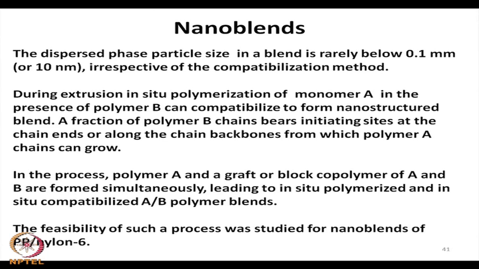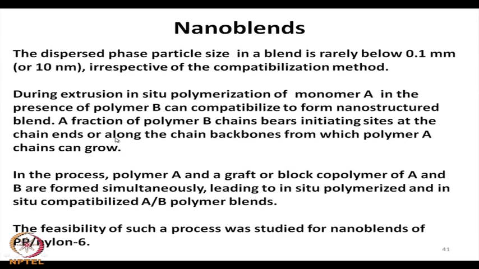So, these two monomers can polymerize during such extrusion, and a fraction of polymer B chains bears initiating sites at the chain ends or along the chain backbones from which polymer A chains can grow.